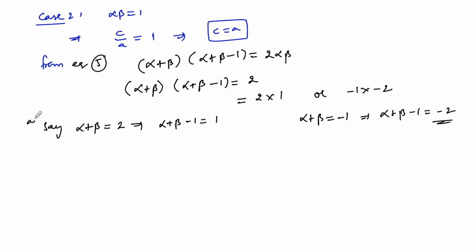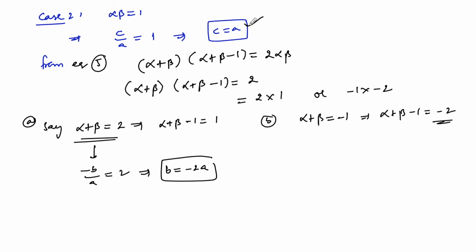So here again two cases, like a and b. Say alpha plus beta is equal to 2, that is minus b upon a is equal to 2, which implies that b is equal to minus 2a and c is equal to a. Therefore our quadratic equation ax square plus bx plus c equals to 0 can be written as ax square minus 2ax plus a equals to 0.